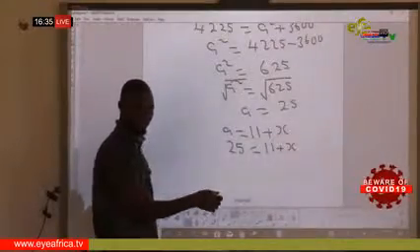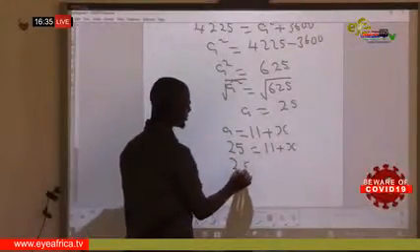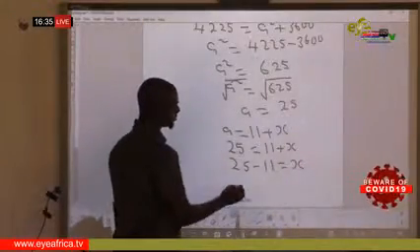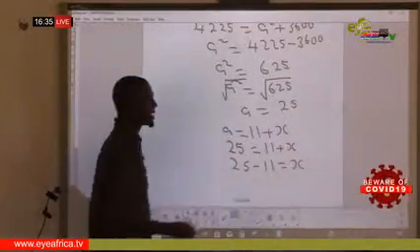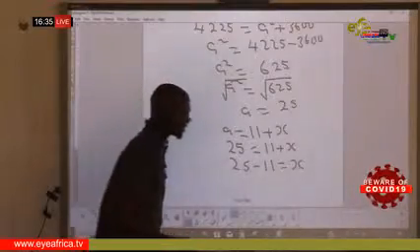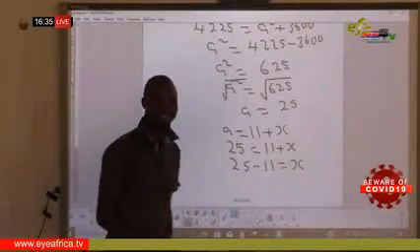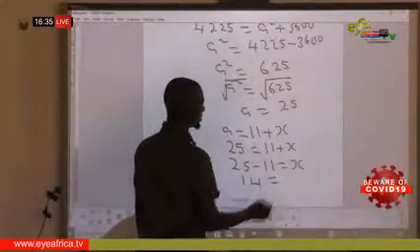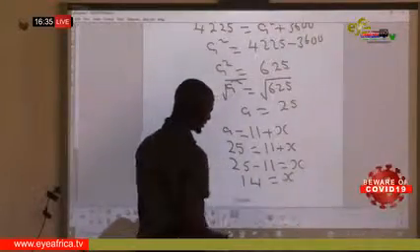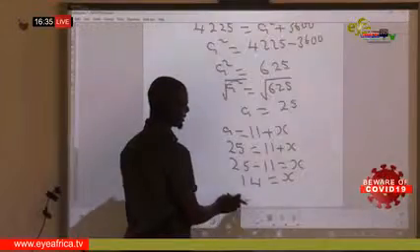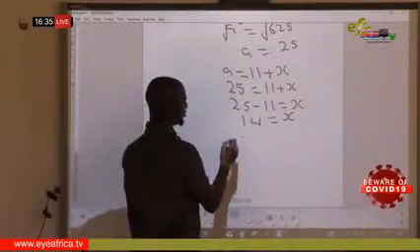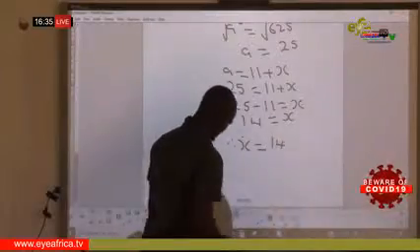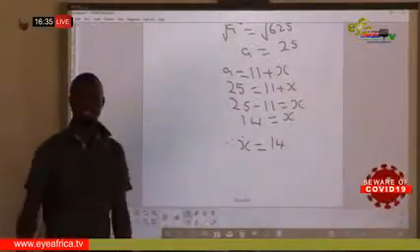We transpose the 11, so we will have 25 minus 11 is equals to x. How much is 25 minus 11? 25 minus 11 is 14, which is equals to x. So you are asked to find the value of x in the diagram, and therefore the value of x is equals to 14.